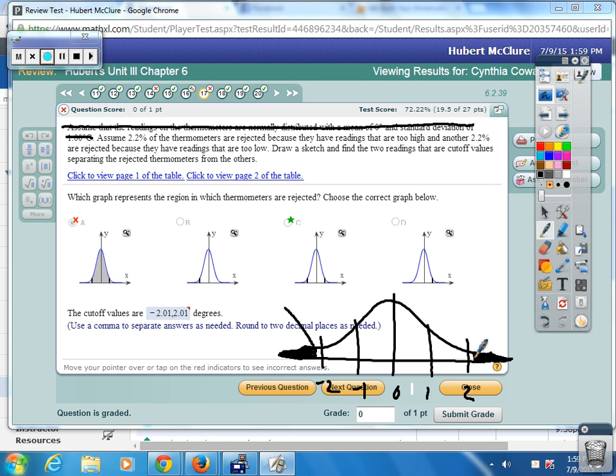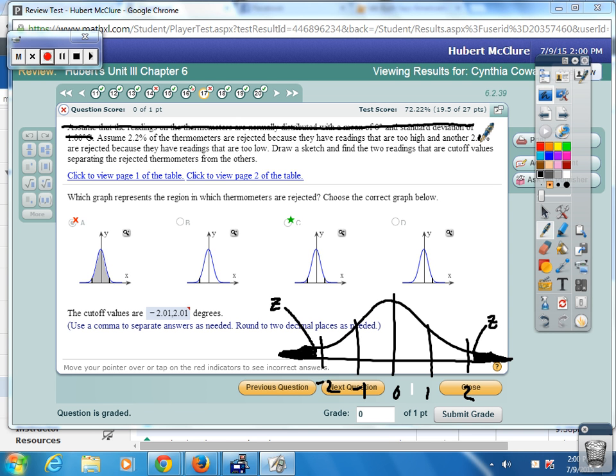Now, what do you notice about both of these areas? They're the same. They're symmetric. So you can use that to your advantage if it's symmetric. The easiest one to find is this one, because the tables are on the left-hand side. So I would find this one.